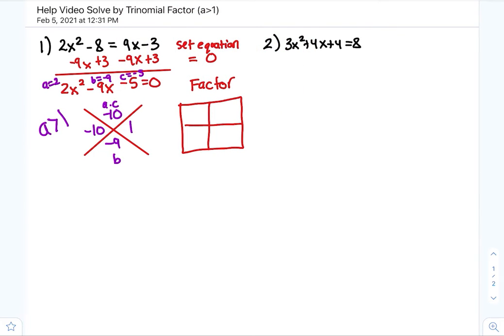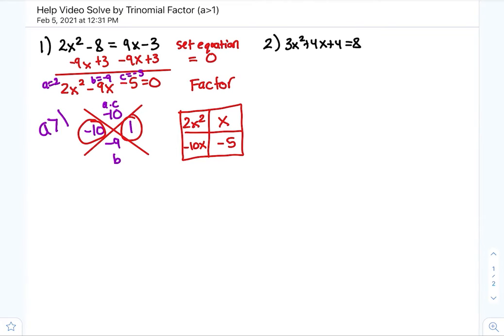So here's our box. The top left-hand corner is the first term. Bottom right is the last term. And our two middle terms come from here: negative 10x and x. And remember, you could put those any place.